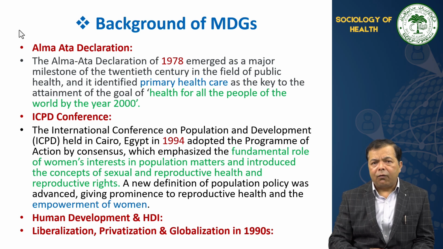So because of the sexual transmission of HIV, which was a kind of pandemic and has created fear and threat at the global level, there was a need to address the problem of the spread of HIV.